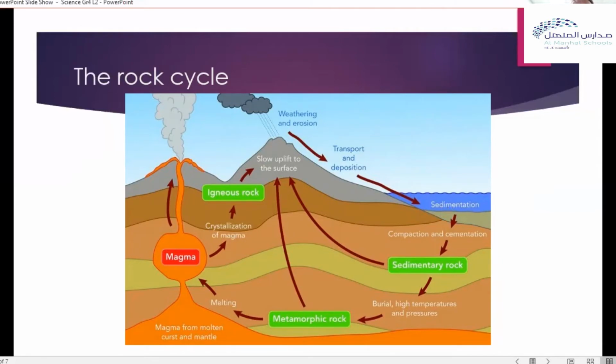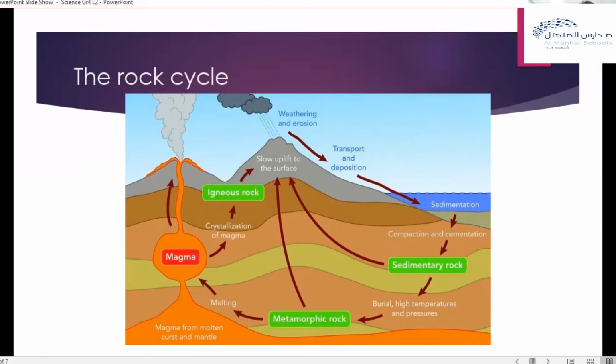Those layers get pushed down by new sediment forming on top. You can see that the different layers are different colors in the model shown here. As more layers form, heat and pressure will change that rock. The change of those rocks creates metamorphic rocks.